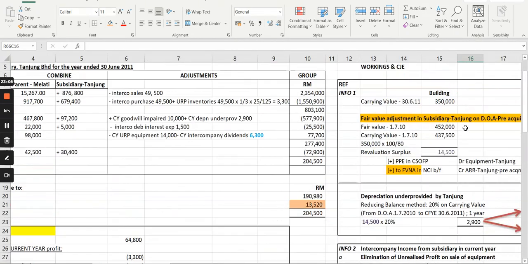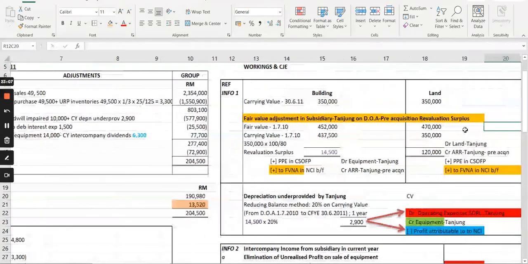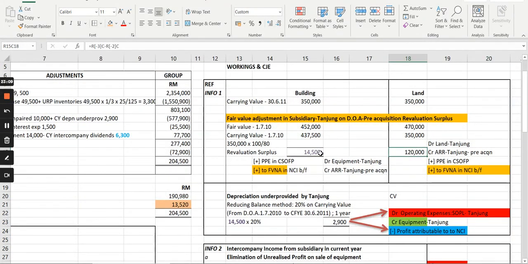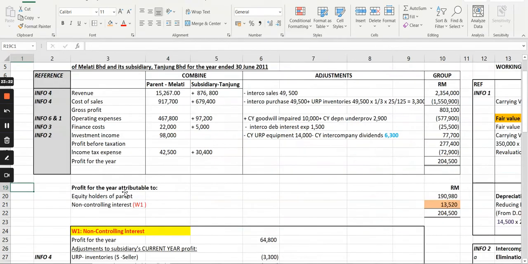Okay, that is not available in the question because we need to work out this 2. So this 2. Okay, those 2 things there. Include that. I have already put a note actually when we do our workings. You need to include in the fair value of net asset in the calculation of non-controlling interest.